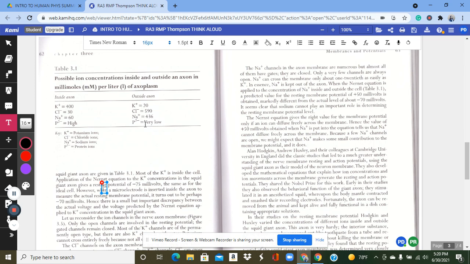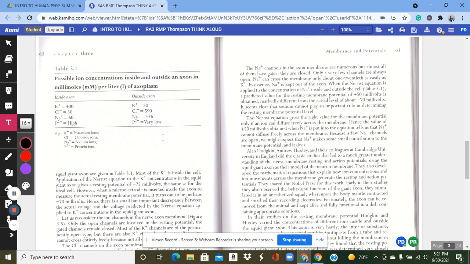Most of the potassium is inside the cell. Application of the Nernst equation to the potassium concentrations in the squid giant axon gives a resting potential of negative 75 millivolts, the same as for the ideal cell.